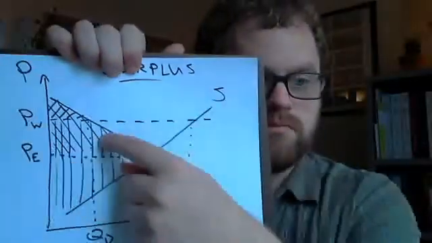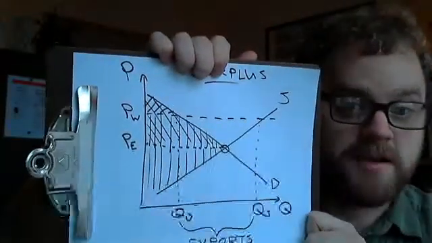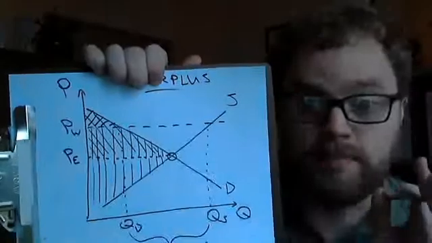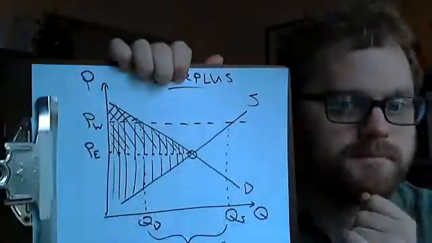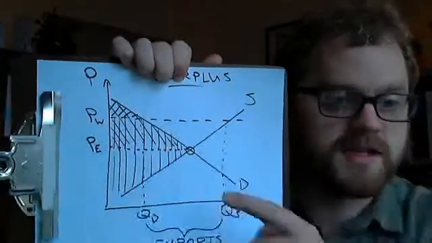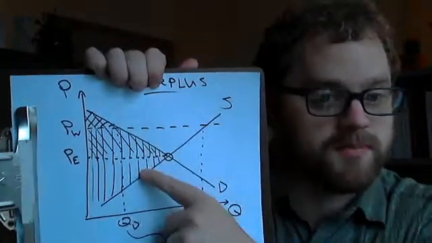So all of this, that large trapezoid of consumer surplus here, is now producer surplus. It's been gained by the firms in the form of the higher prices they can charge in this world marketplace. So the consumer surplus has lost this large trapezoid, and it's been gained by the producer surplus.